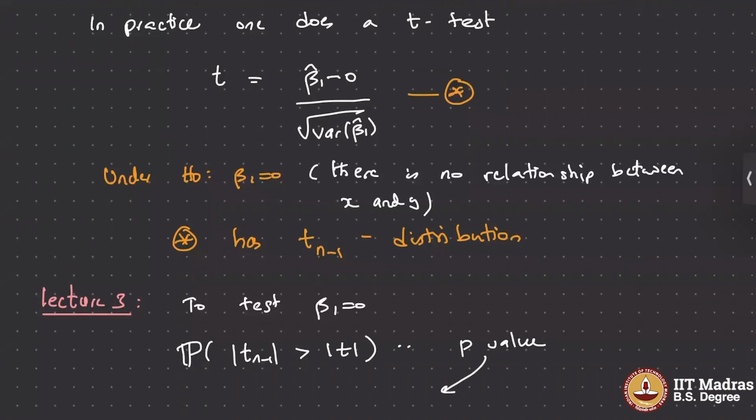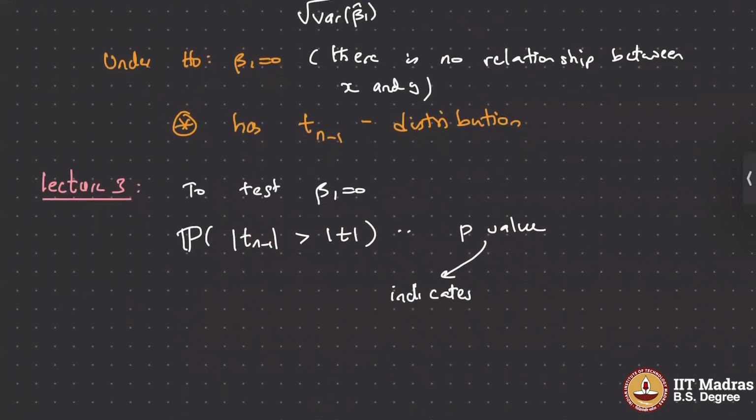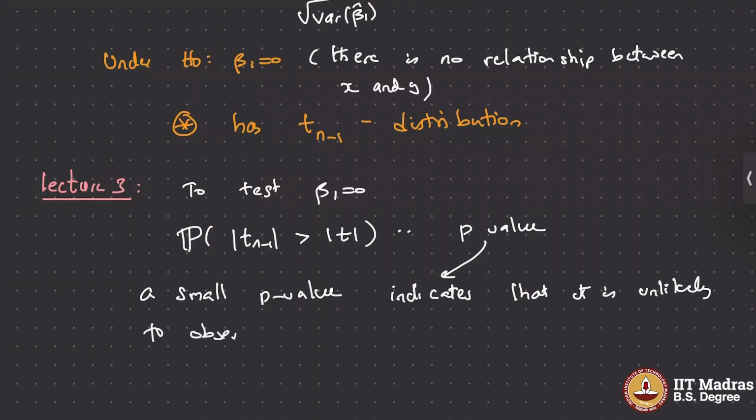So the p-value indicates, let's say a small p-value indicates that it is unlikely to observe a substantial association between X and Y by chance.